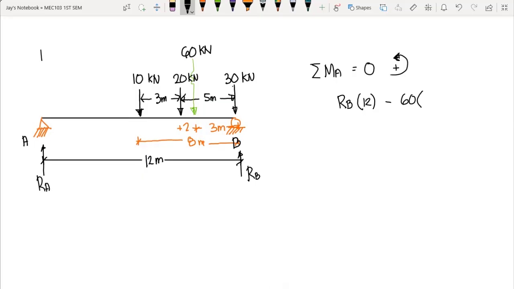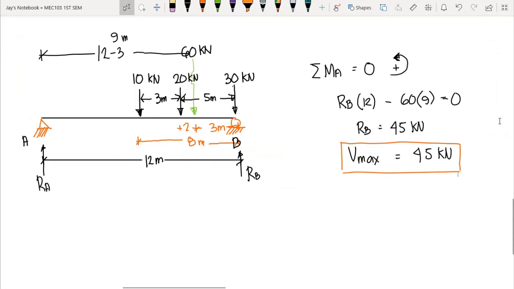Then the distance from A to the 60 kilonewton is equivalent to 12 minus this distance of 30 from 60 kilonewton, which is 3. So 12 minus 3 gives us 9 meters. So we have 60 times 9 equals 0. So we have RB here, which is equal to 45 kilonewton. And this is our maximum shear.